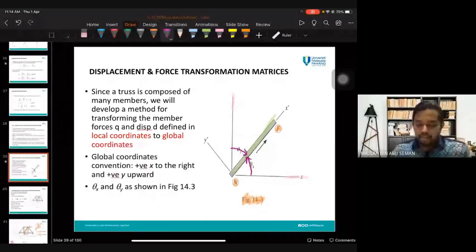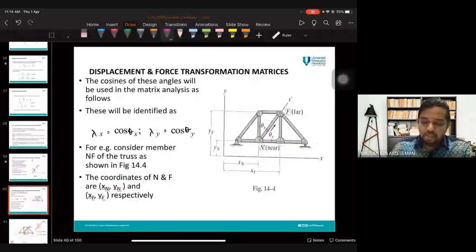Okay, if you take this one as one truss, so this is your global direction, Y and X. We take this member, so at this point is near, this point is far.